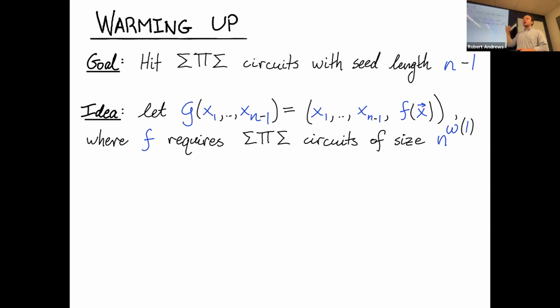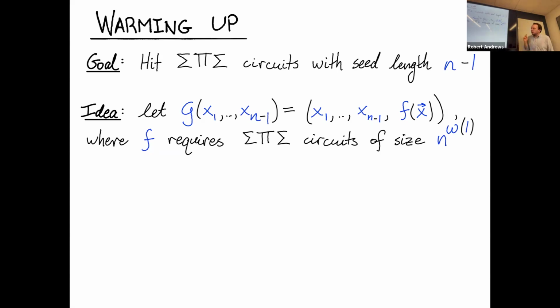It just outputs those numbers, and then it also outputs the evaluation of some polynomial f on those numbers, where f is a hard function. f is some polynomial that requires large depth 3 circuits. If you want to break this, say you want to distinguish this pseudorandom thing from something truly random, you need to compute something related to f.